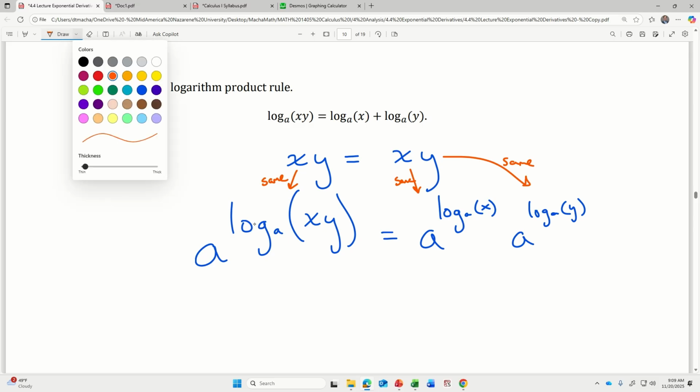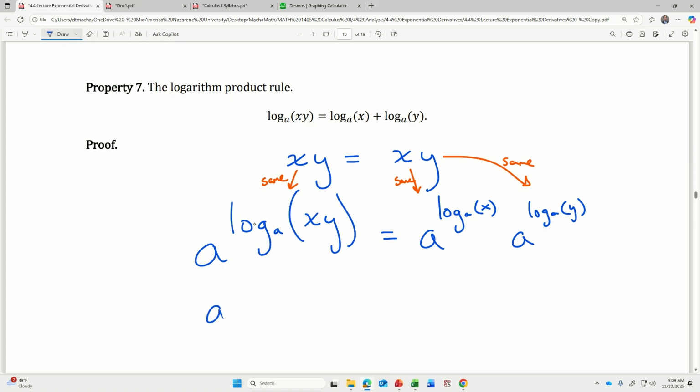Now, the trick is a property of exponents. The property of exponents says if I'm multiplying these two exponentials that have the same base, I could combine them into one exponential. And what do I do with these little powers here? Add them. Yeah, I can add them.